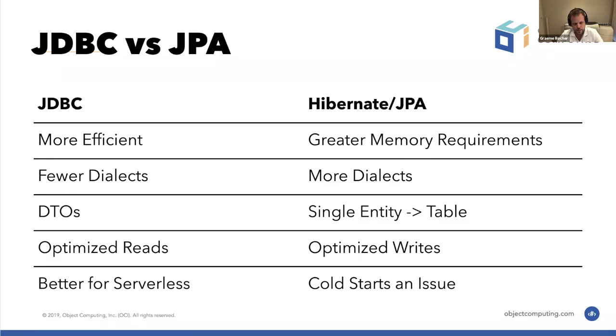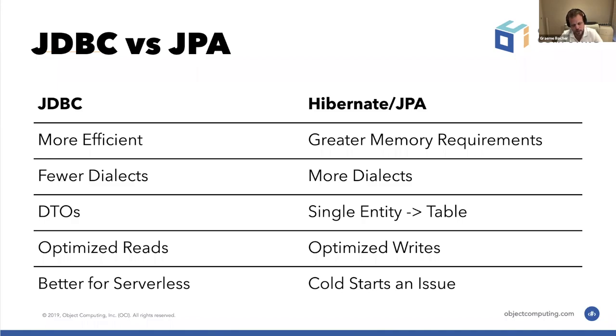Another thing to point out is that Hibernate and JPA are highly optimized for writes. So if your application is write heavy, then you can certainly get a lot of benefit out of Hibernate and JPA, because the concept of a Hibernate session or an entity manager essentially allows you to batch up a lot of updates and inserts until the session is flushed, which can produce much more optimized write operations.